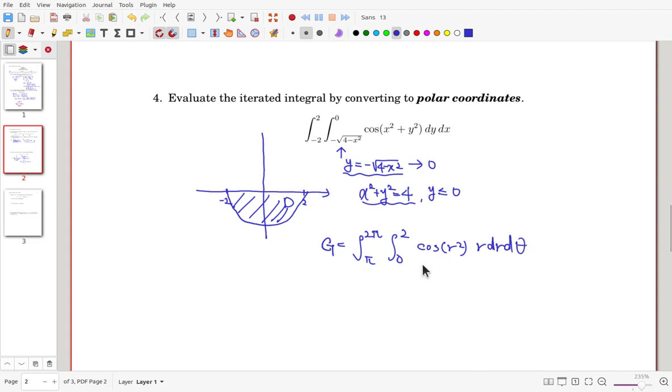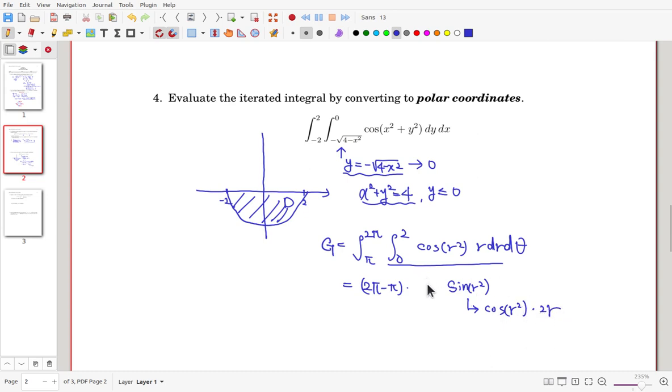Now, the integrand is theta independent, so the outer integral gives 2 pi minus pi immediately, which is pi. And we try to get the integral for the inner one. Here the antiderivative must involve sine r squared, right? If you take the derivative, that will be cosine r squared and then 2r will come out.